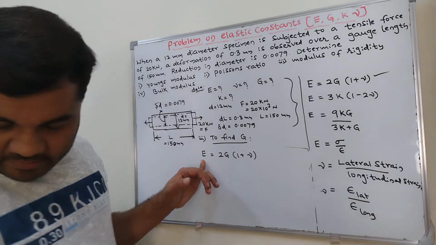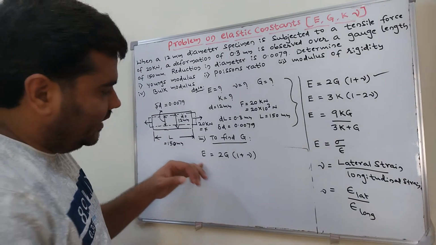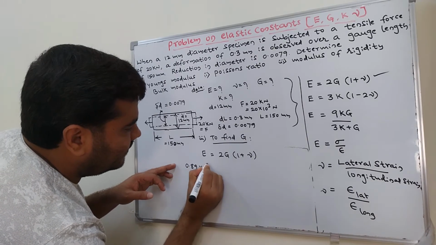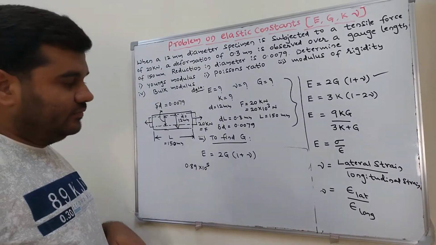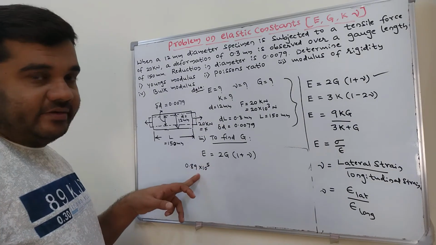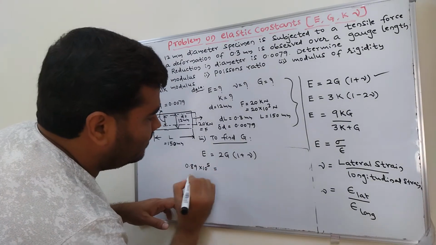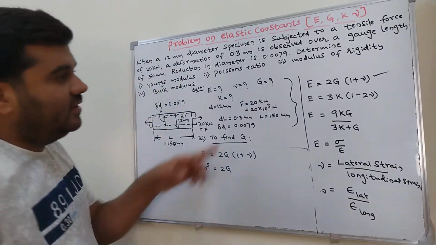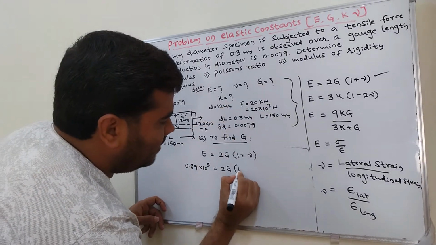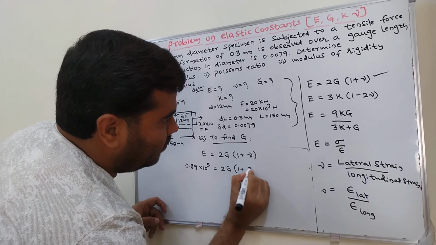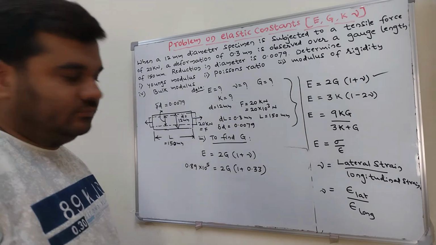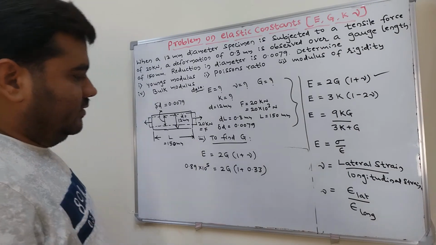What is the value of E we calculated before? E is 0.89 into 10 raised to 5 Newton per mm square. This is Young's modulus we calculated. Equal to 2 times, we want G, the modulus of rigidity, into 1 plus 0.33, this is Poisson's ratio.